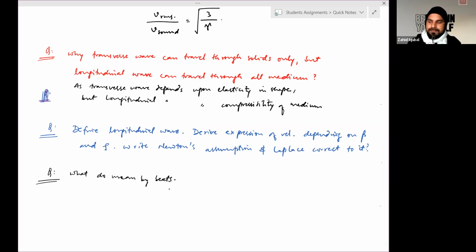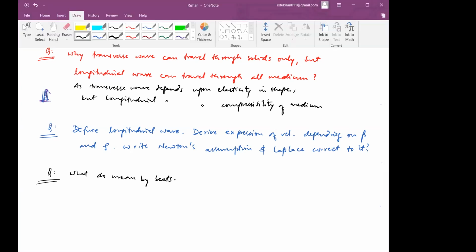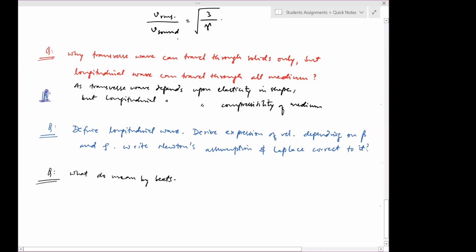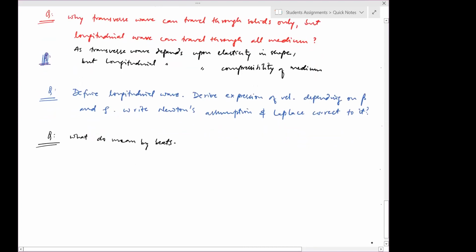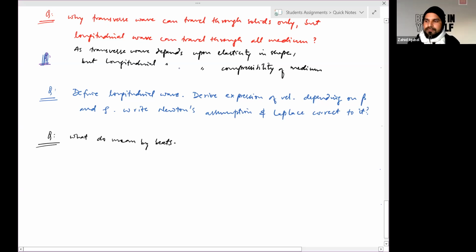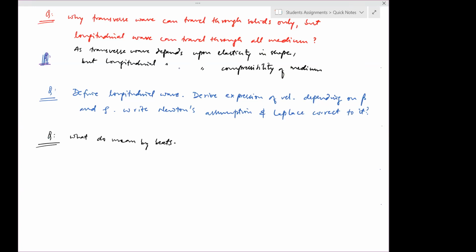Atif, any doubt? No. So when will your final examination be? Abhinav? Sir, first we have preparatory exams from 23rd of February.